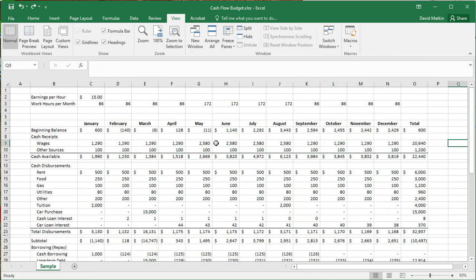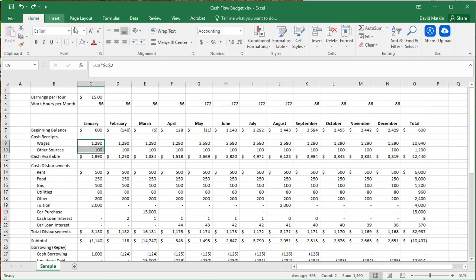I also took all these numbers and rounded them to the nearest dollar, changing the formatting so that I'm not showing the decimal place and the pennies, because that just adds more gray space, and in a budget of this size, knowing how many cents are involved is not going to be a huge influence in any kind of management decision that we would make.